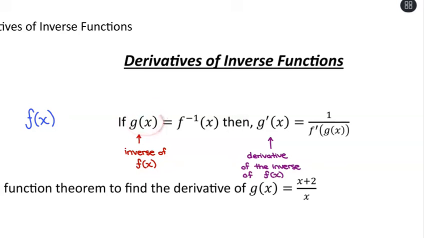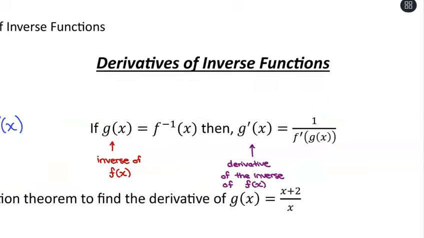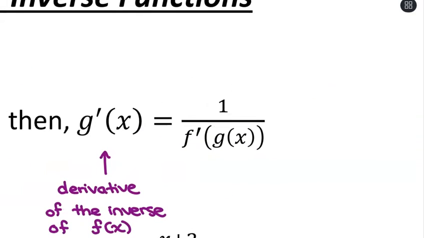So if we want to know the derivative of our inverse function, so that's our g prime of x, this derivative of the inverse of f of x, we can find it by using this calculation. So what this is, we have 1 in the numerator, and then in the denominator, on the inside g of x, so that's our inverse function. And then what we're doing is we're plugging into the derivative of our original function.